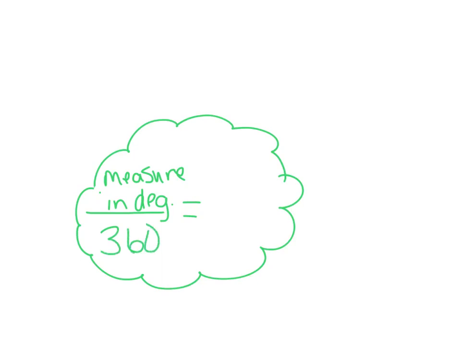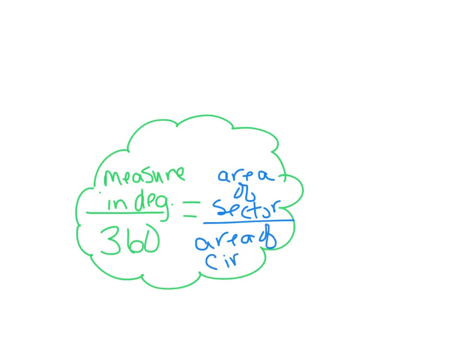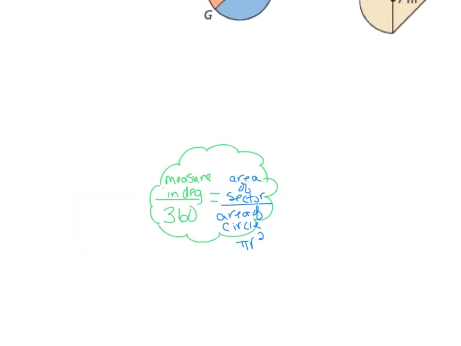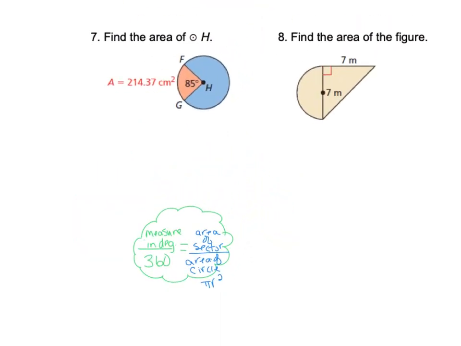And then on the other side, again, we have what is the area of the sector, that's the part, divided by the area of the whole circle, or pi r squared, depending on which one we need. Okay, so we have that down there.